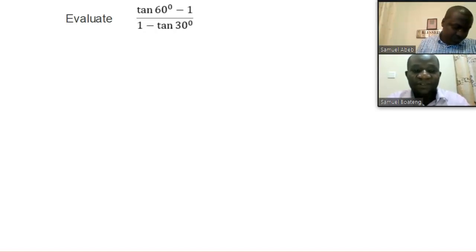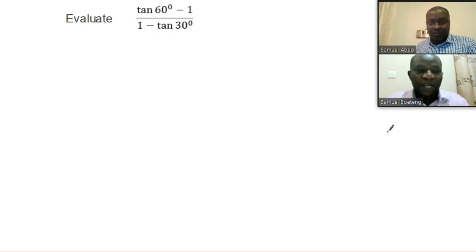There are some angles that are special acute angles. They are 30 degrees, 45 degrees, 60, and of course, 90 degrees. And these angles can be expressed in terms of surds. So when you are asked to evaluate something like this, we expect you to use those values, not the decimal.